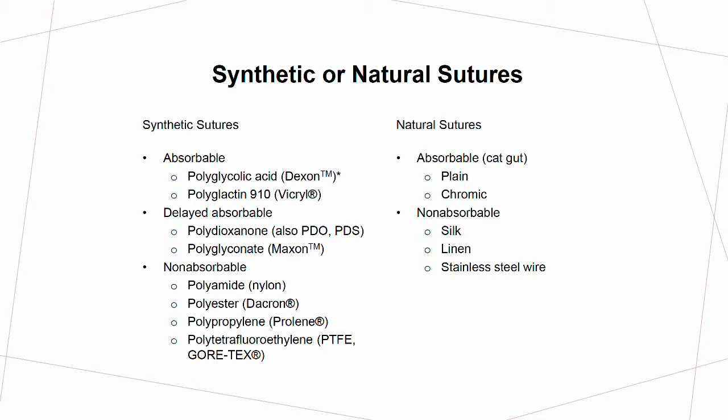A delayed absorbable is PDS, or polydioxanone. Non-absorbable sutures are nylon, polyamide, and Prolene, which is polypropylene. And then natural sutures are a little bit more straightforward. There's absorbable and non-absorbable. Absorbable being catgut, either plain or chromic, and non-absorbable being silk, linen, or stainless steel wire.